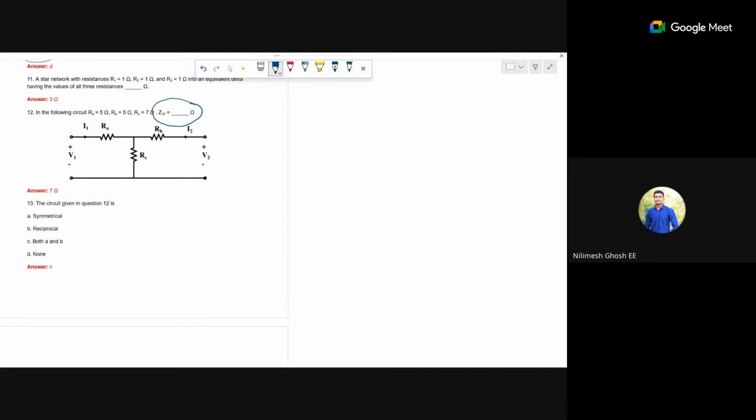There are mainly two kinds of networks we will face in the industry: the star or T networks, and the pi networks.